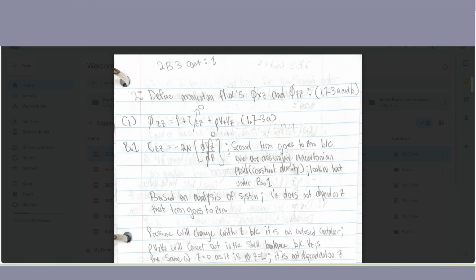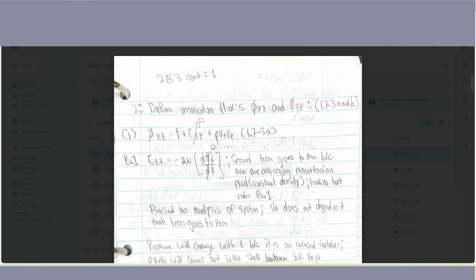And tau ZZ is 0 because VZ does not depend on Z, it only depends on the walls. Because of the law of the wall, the water gets slowed down by the walls, not by distance up or down. You can look at table B1 for this equation.